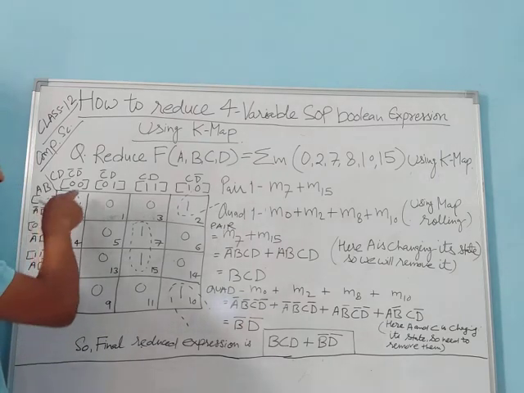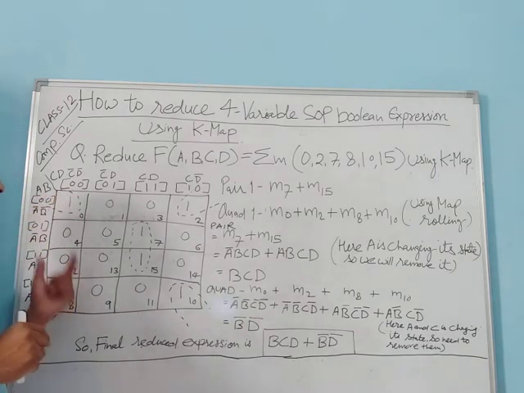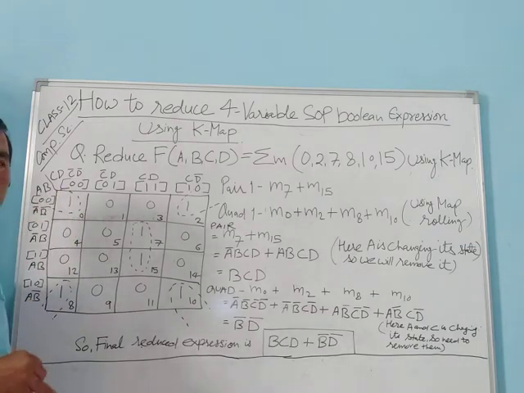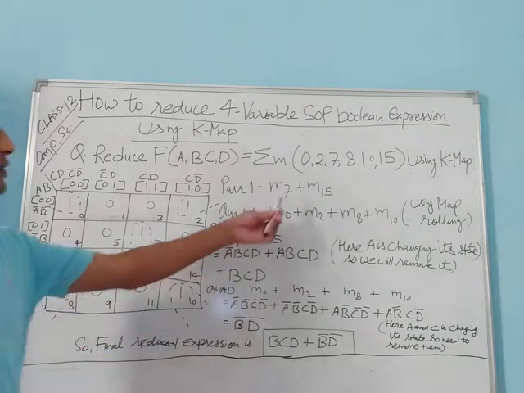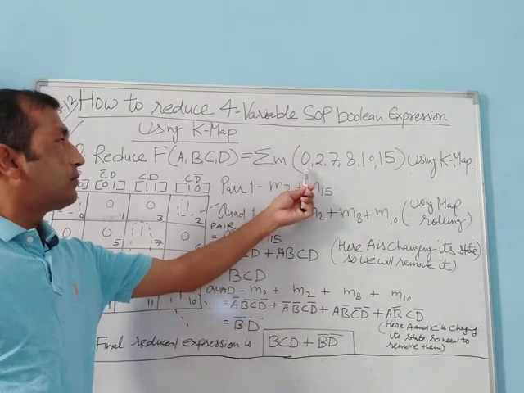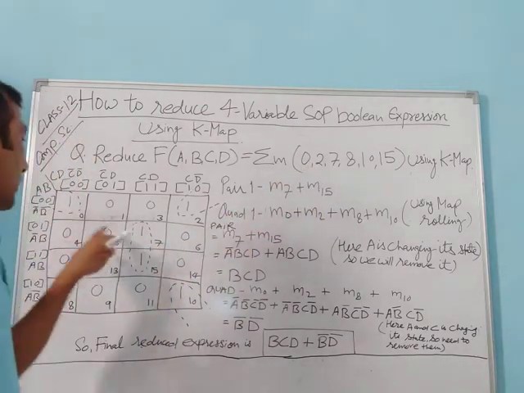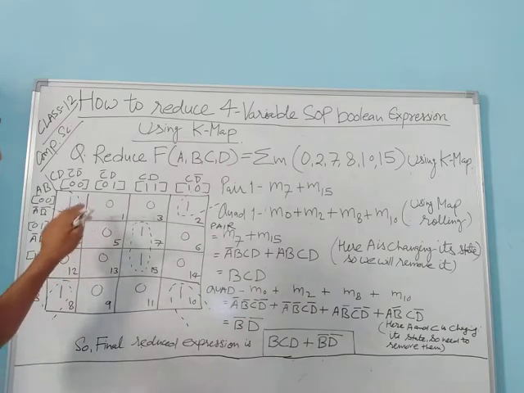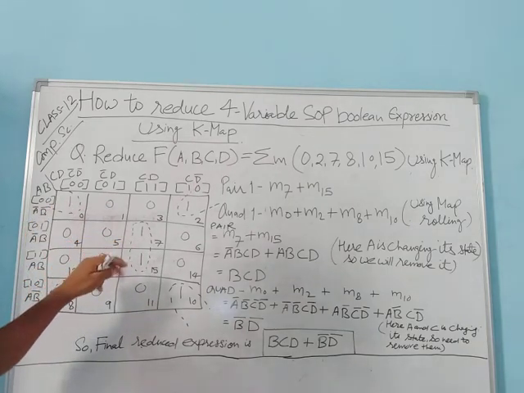That is nothing but the decimal equivalent of these binary patterns. So what you need to do is look at these numbers, and in those boxes which are numbered 0, 2, 7, 8, 10, 15, you have to fill them with 1.